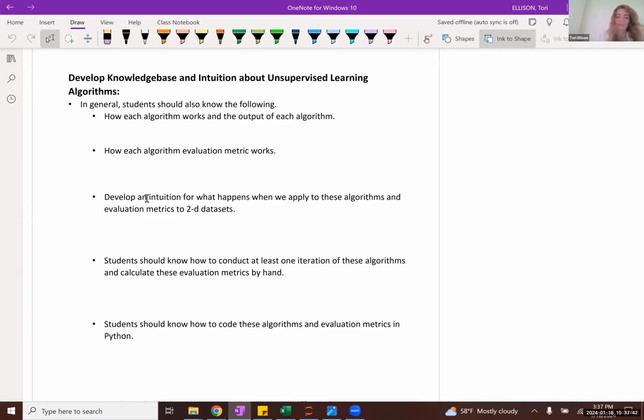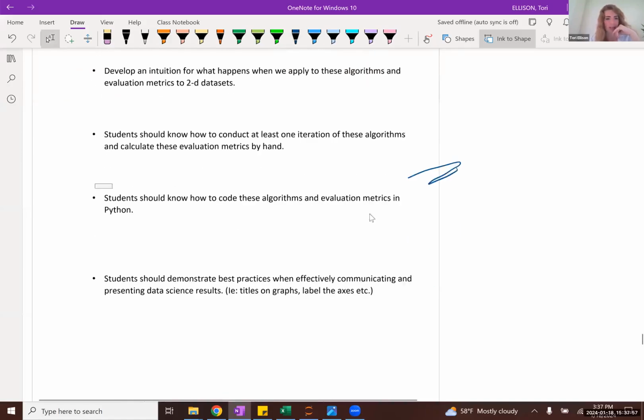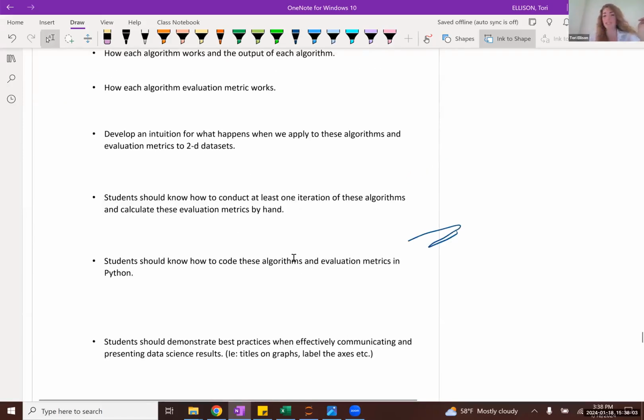But we're going to use a lot of two-dimensional data sets so we can develop a deep intuition for how a given algorithm will work on different types of data sets or different types of clusters. And we're going to learn how to code each of these algorithms in Python. That's basically what we have to do in the class. So any questions on that? No? Okay.